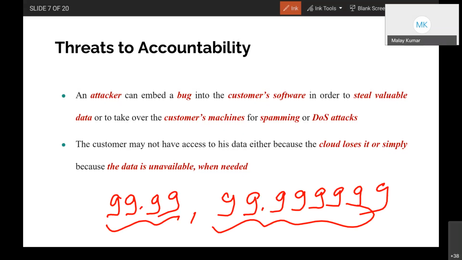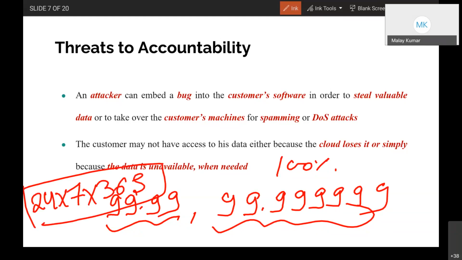they are not 100%. If you convert them and try to find out how much outage may happen over 24 by 7 by 365 days, you will know that such outages may last for hours.